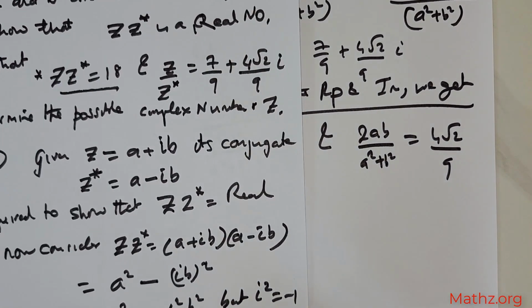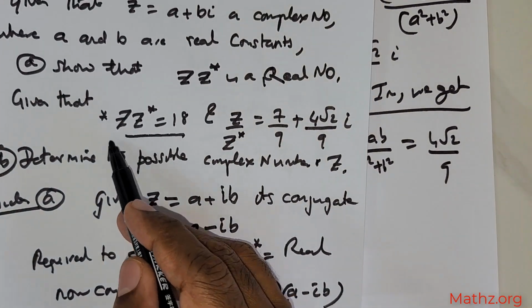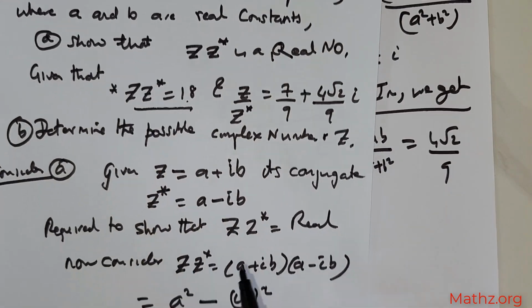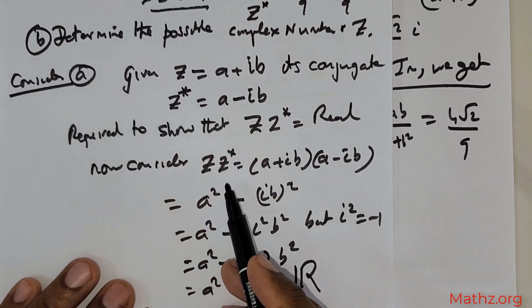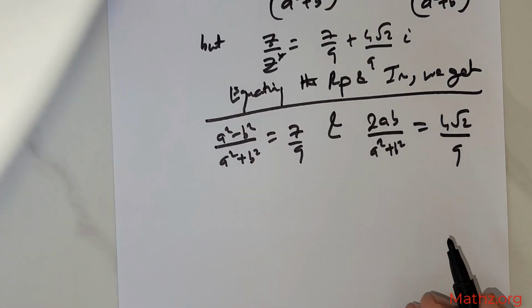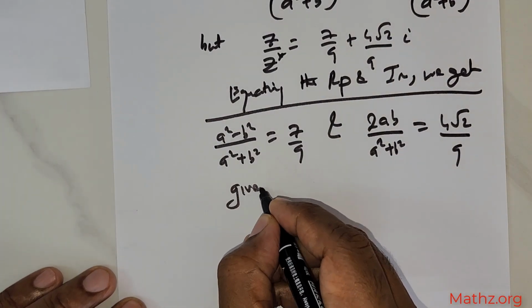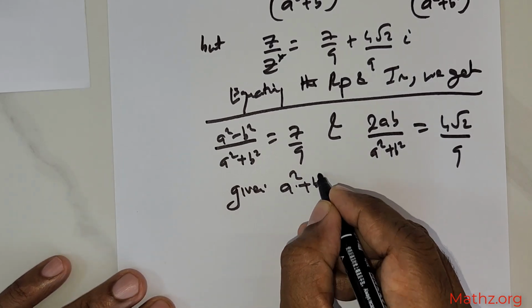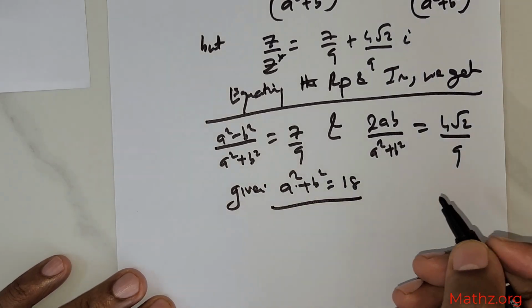Go back to the problem. The problem is saying z times z star is 18, but what is z times z star? We have found z times z star to be a squared + b squared. So a squared + b squared is equal to 18. This is given.